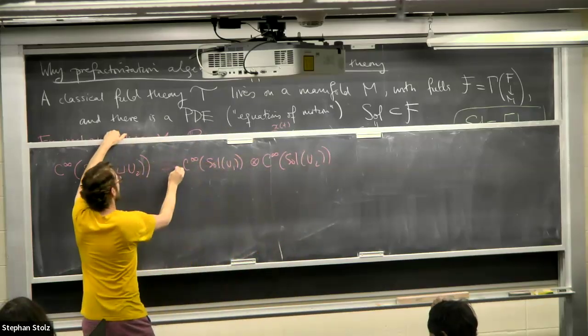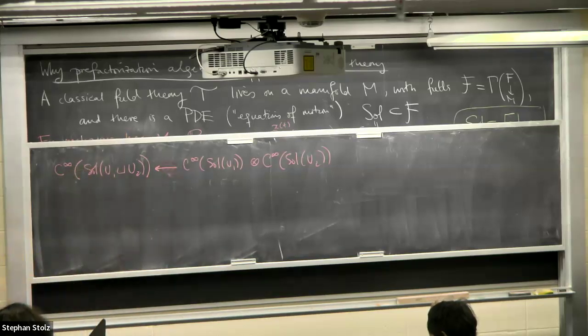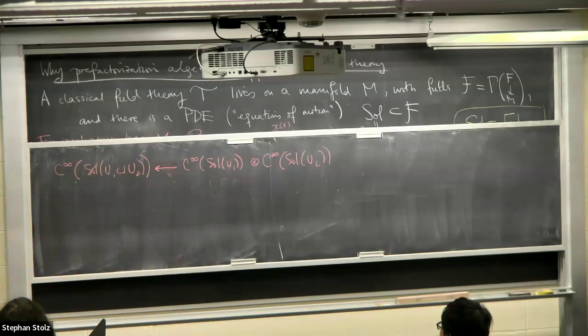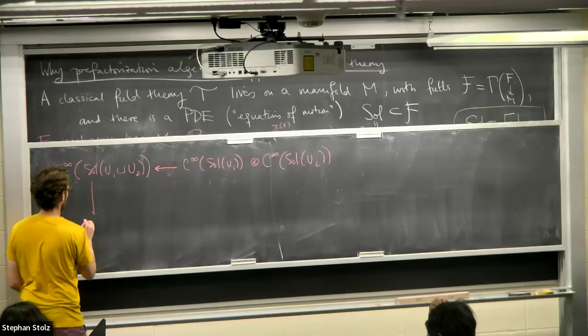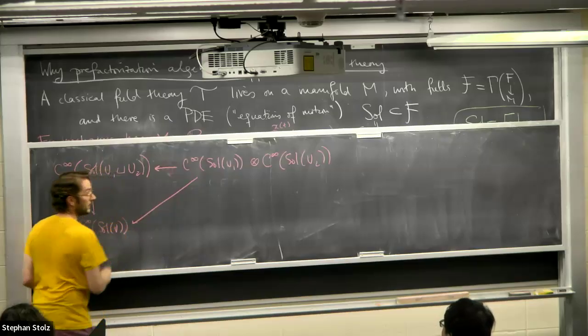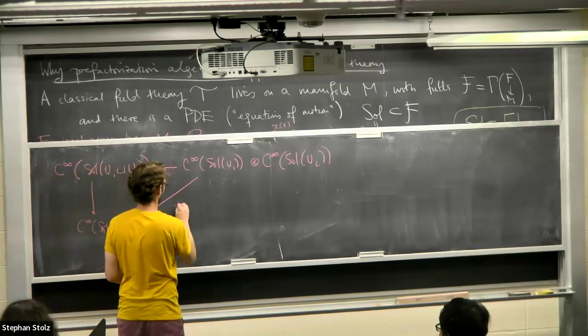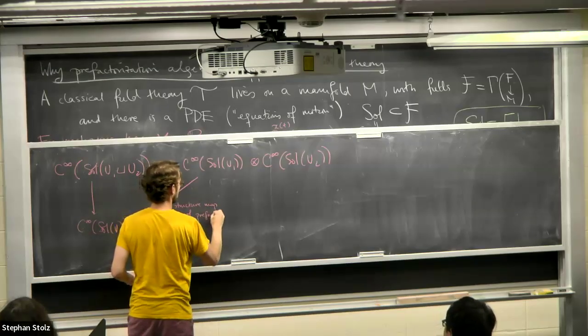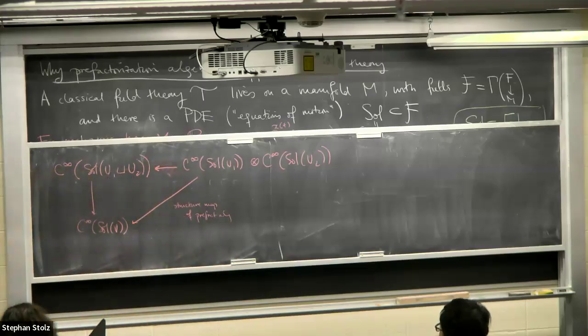Maybe I should just not lie. There's certainly a map this way. In good cases, you complete the tensor product. We also have this map here, functions on solutions on B. And this composite is the structure map of the prefactorization. It tells me how to combine an observable living on U1 and an observable living on U2 to get an observable on the bigger open B.